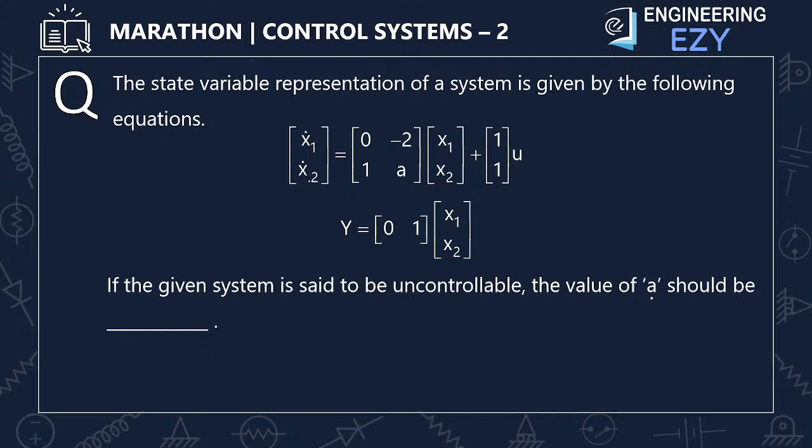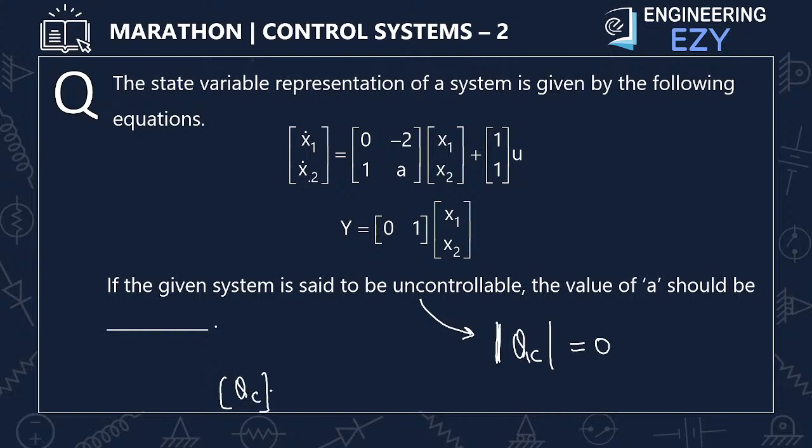You can give the answer very easily. For the system to be uncontrollable, the modulus of Qc must be 0. Modulus means determinant. The determinant of the Qc matrix is 0 if the system is uncontrollable. And what is the Qc matrix?